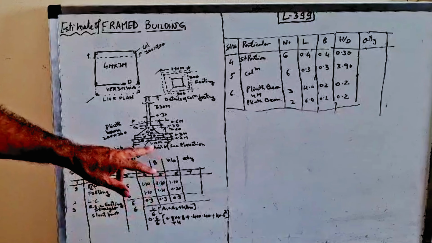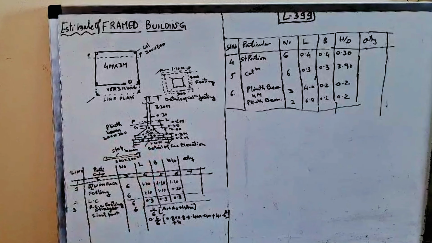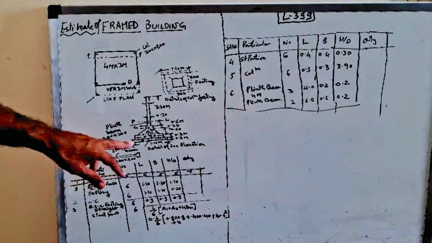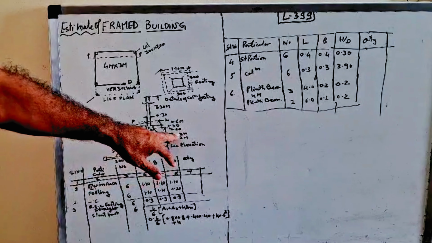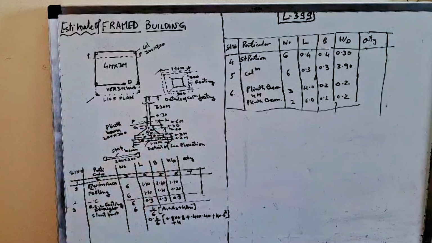So it is coming 1.10 meter overall width of the excavation. The height of excavation is from this point 0.2 plus 0.35 plus 0.6, this is 1.10.